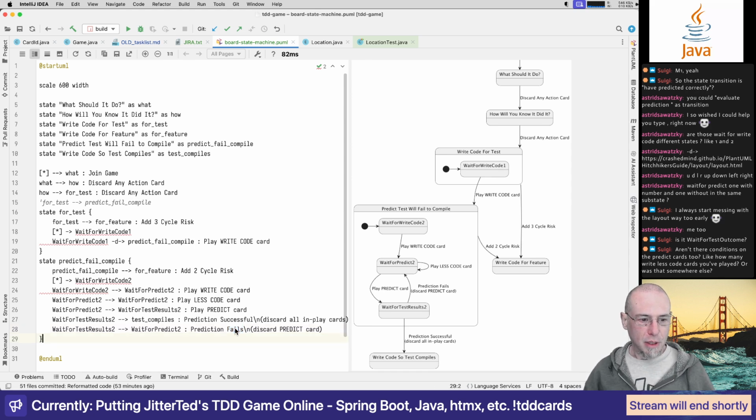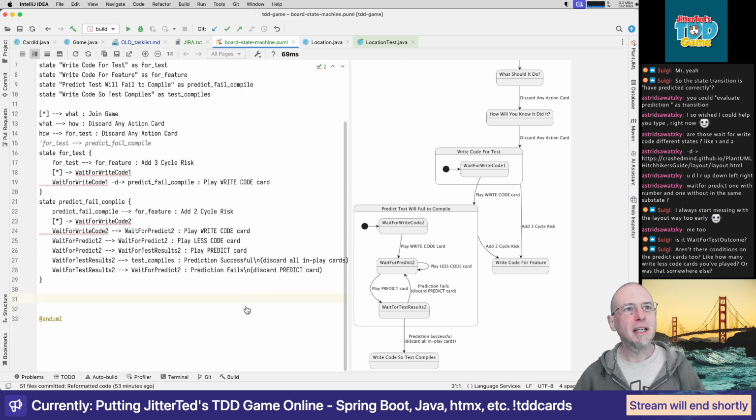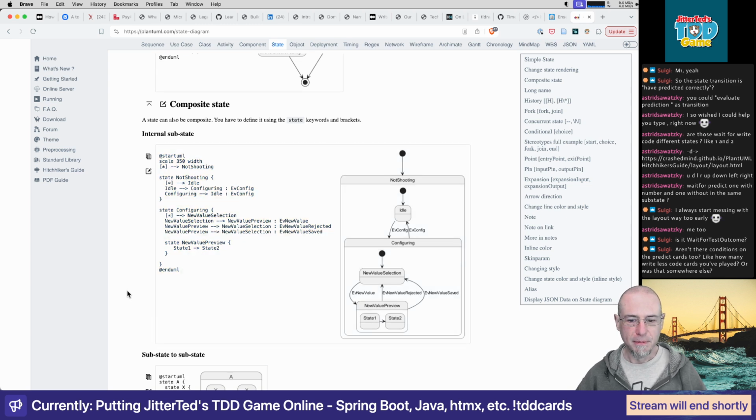So once you're out of predict test will fail to compile, now we're in write code so test compiles. It's going to be very similar. Can I reuse substates? Because that's what I'd like to do here. It's pretty much almost exactly the same set of substates.